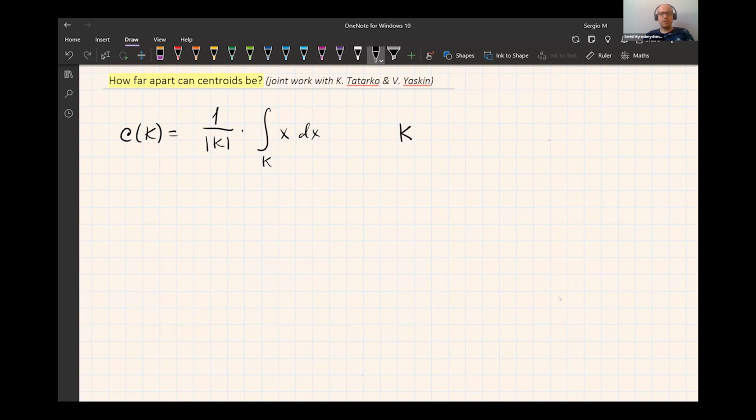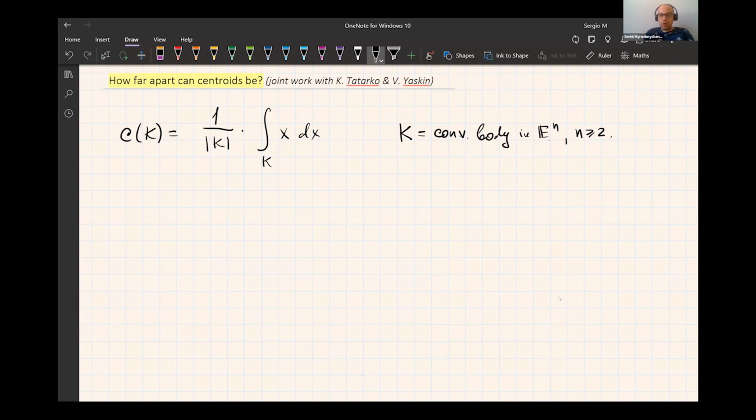Let me add here that K is the convex body, which is a compact convex set with non-empty interior in Euclidean space, and n will be at least 2 to make things more exciting. This is the centroid of a convex body.